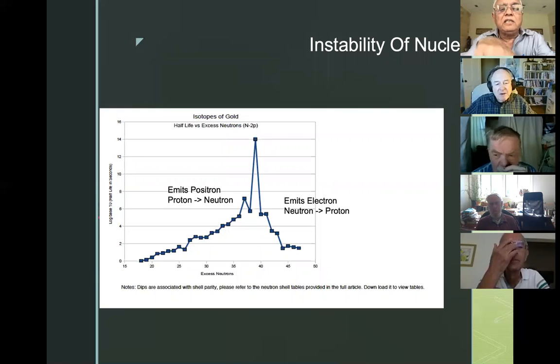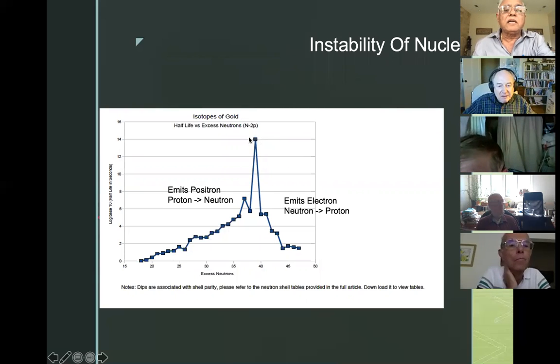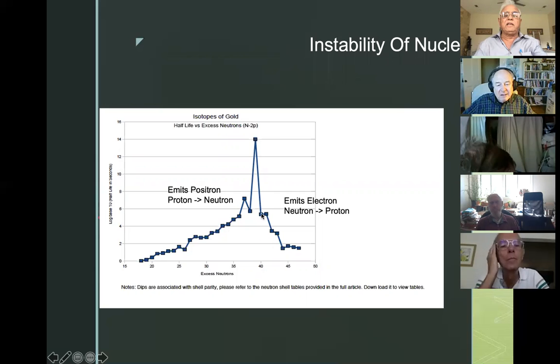This one right here is the stable isotope of gold. But if you just have one more, it disintegrates right away. There's another one: if you just have one less, instead of 39 you have 38, it disintegrates right away.